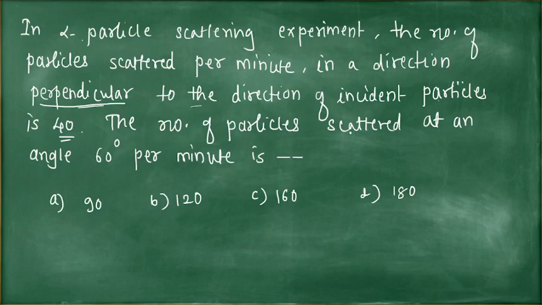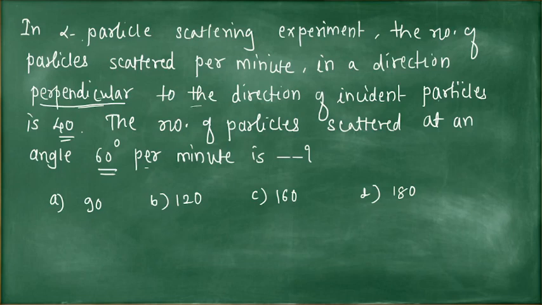The number of particles scattered at an angle of 60 degrees per minute is asked. When these are scattered through 60 degrees, how many alpha particles are there? The options are 90, 120, 160, 180.